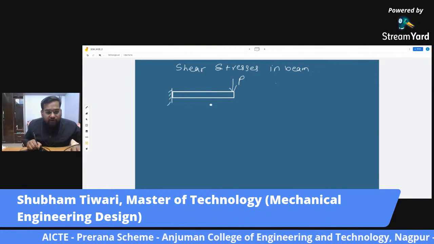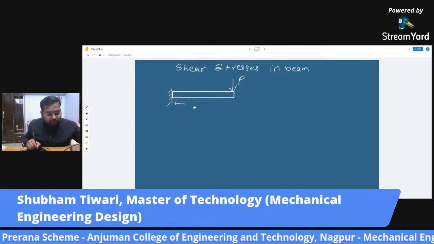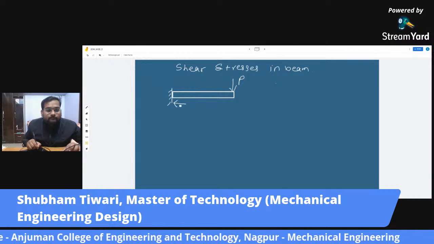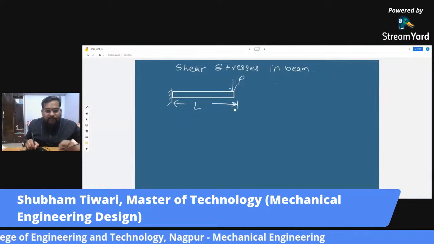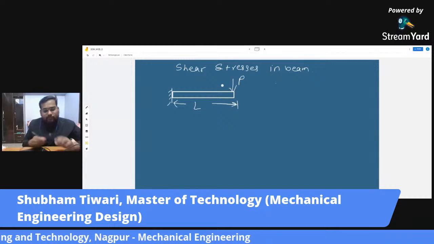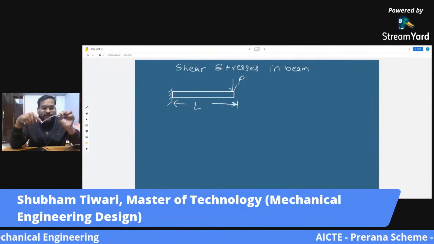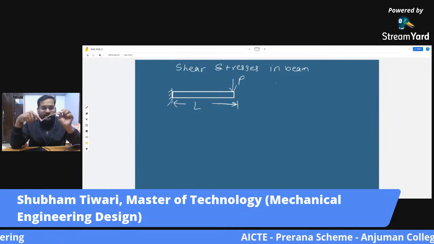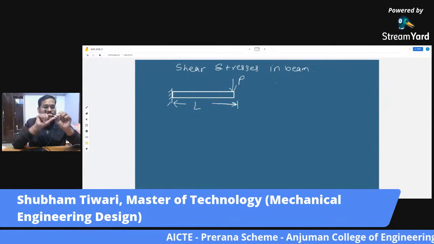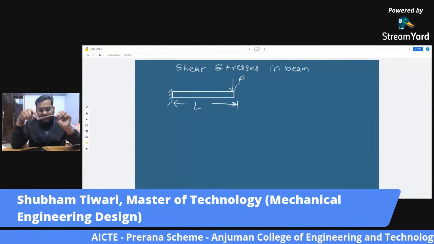What will this force cause? If the length of this beam is L, and if I apply a force here, it will bend the beam because there is a support here and a distance.